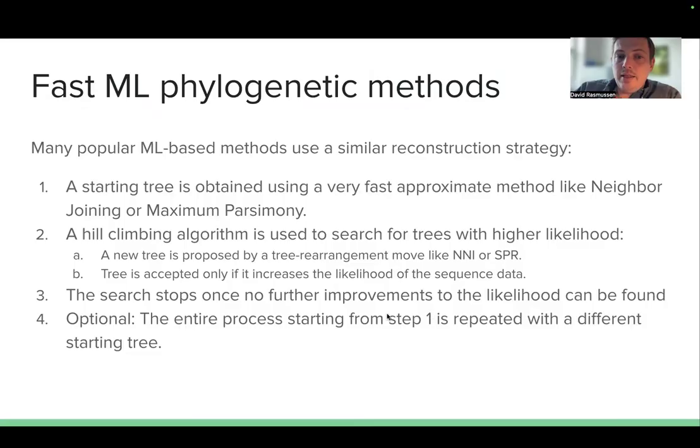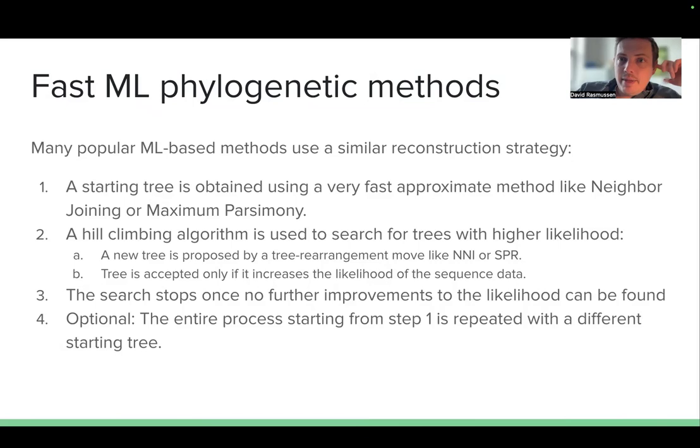And the worry, I guess, with this approach is that it's a greedy approach. It always just climbs the hill until it can't find a better tree. But there's no guarantee that there's going to be a single peak in our distribution of trees, right? It might be multimodal, with many local maxima, different islands of trees that all have very high likelihood.